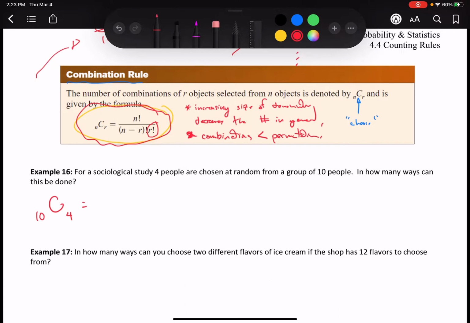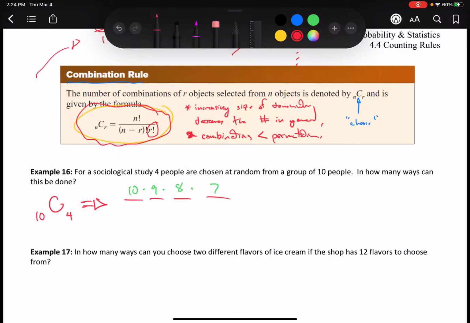So we no longer can think of this in our intuitive sense, unless, of course, you want to divide by 4 factorial. So, I guess we could think about that for a moment, right? So I have 4 things. There's 10 possible choices for the first, 9 for the second, 8 for the third, and 7 for the fourth.